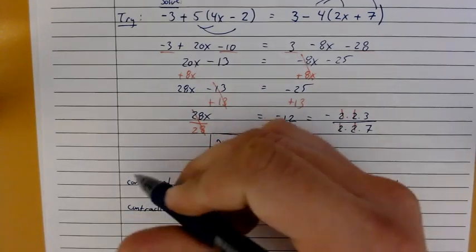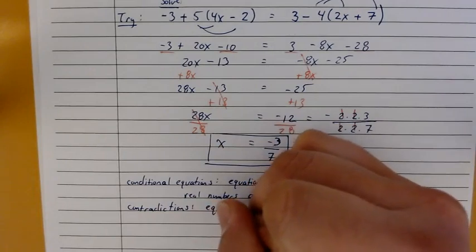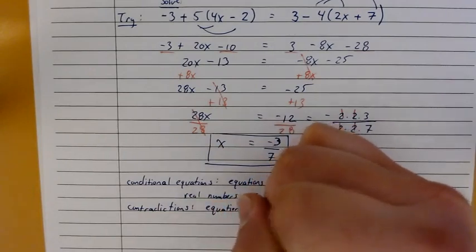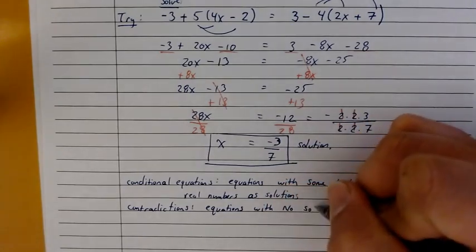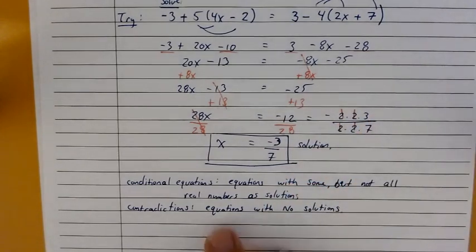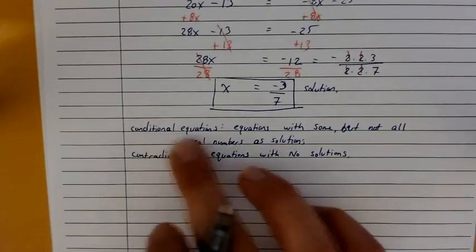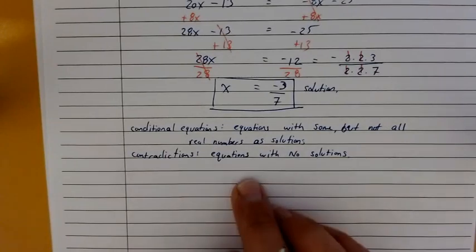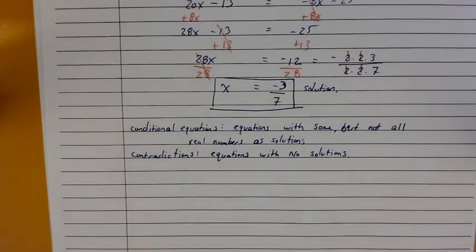Contradictions, those are equations that have no solutions. We'll see an example of that here in a moment, but they're not very common compared to conditional equations. Most of our equations will have at least some solutions, but if it has no solution, that's called a contradiction.